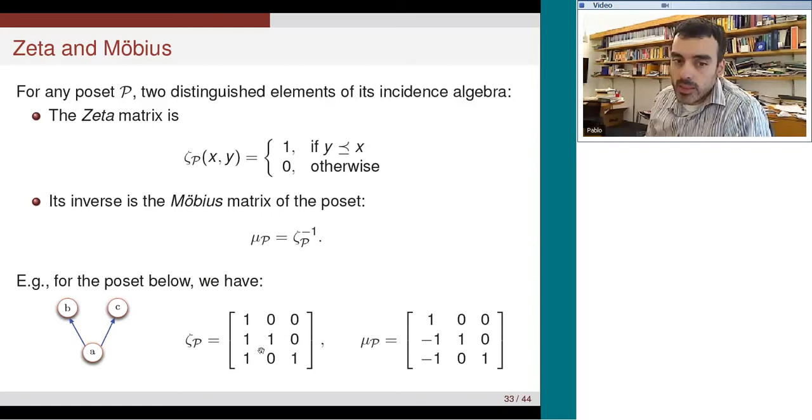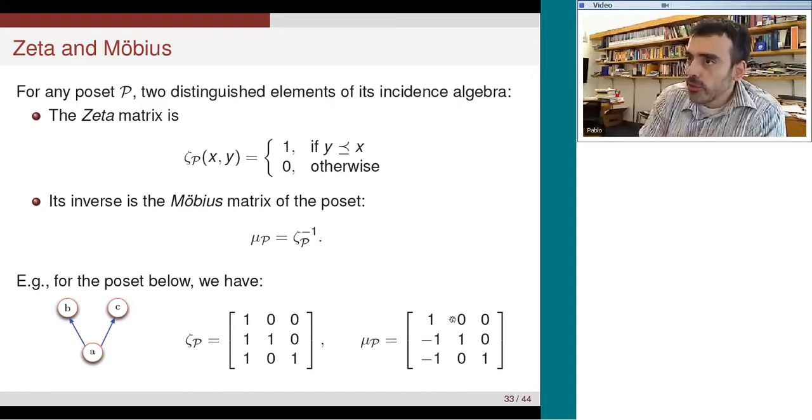Right? So it's exactly this matrix. Now the Moebius matrix is just the inverse of this. This matrix is invertible because it's triangular and it has ones on the diagonal, and the inverse of this matrix is exactly this.